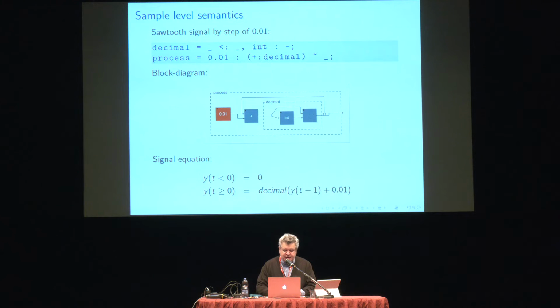Okay, so this is an example of, we will see that this afternoon, how to generate a Sawtooth signal. So here you see that we have a kind of integrator, but instead of just doing the integration, we use a modulo operation so that the output value will never exceed 1.